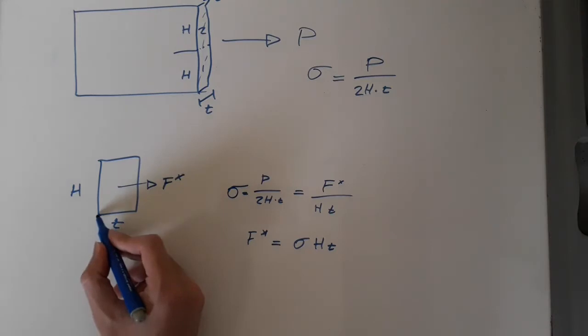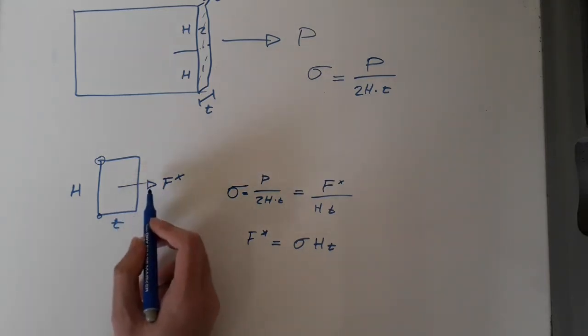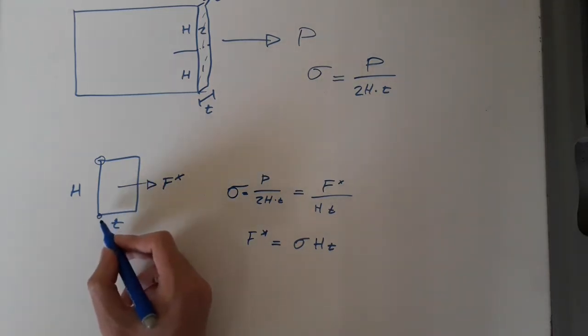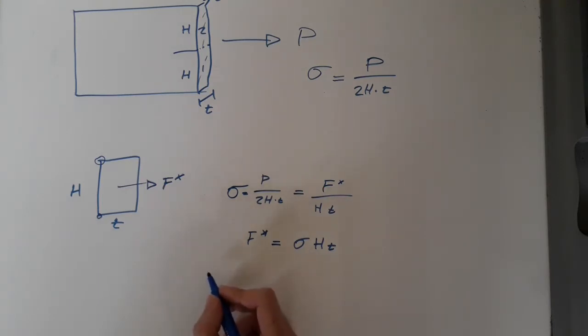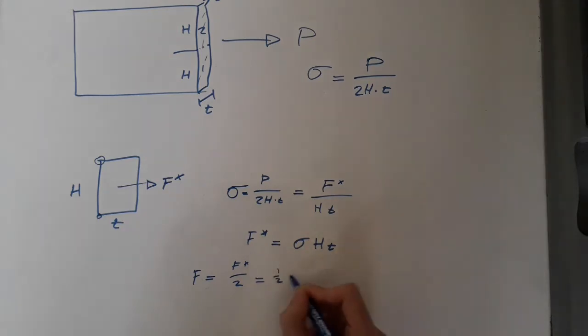But normally, when we're doing finite element analysis, we're only interested in the forces at the nodes, whereas this F star acts across the entire surface area. Just like with the beams from the previous example, all you would do is divide F star by 2, because there are two nodes here. So the nodal force would be equal to F star divided by 2, or a half sigma h t. And that's for one single element.